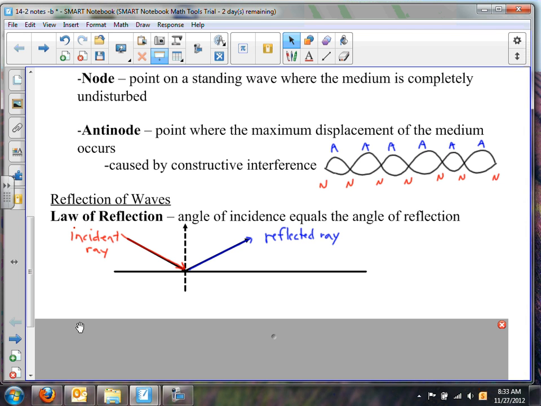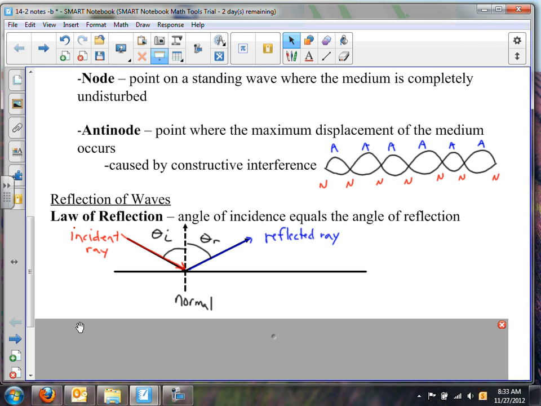By the way, the dotted line is called the normal. We've had that before, the line perpendicular to the surface. Your angle of incidence is actually defined as the angle between the incident ray and the normal. So this would be your angle of incidence. This over here would be your angle of reflection, and they will be equal.